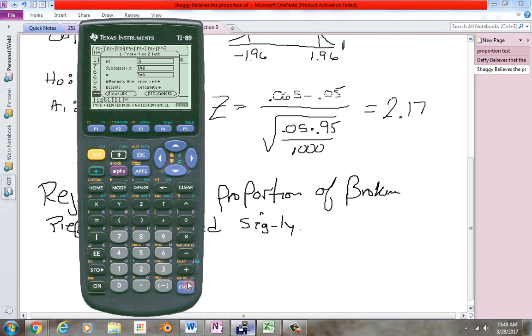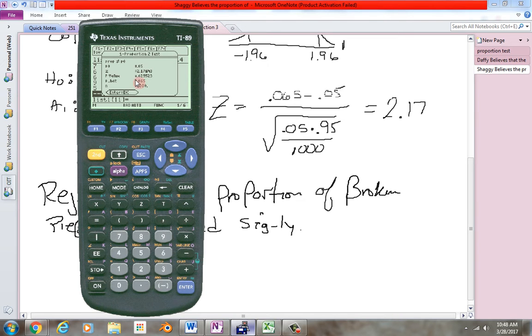So one proportion z-test. Under the null hypothesis, it was 0.05. And we got 65 out of 1,000. And we said it was not equal to. And we get a p-value of 0.0295.